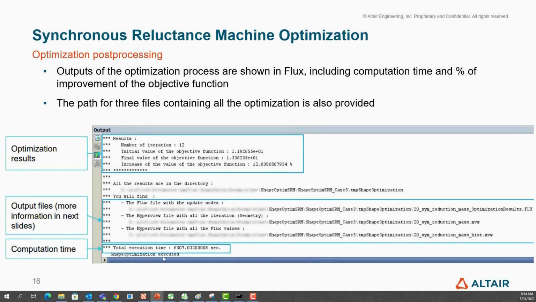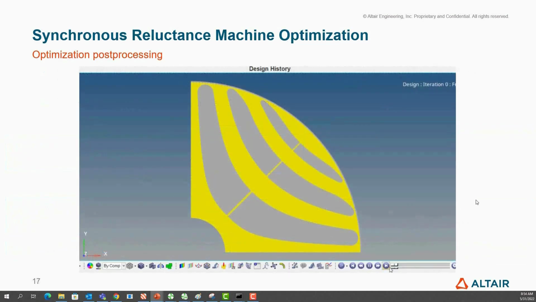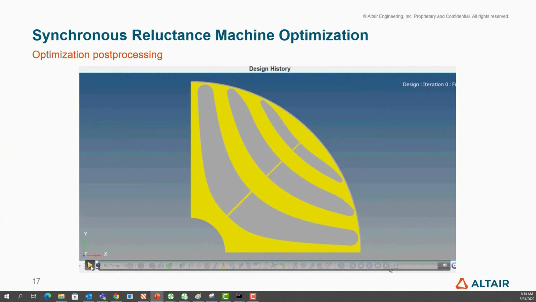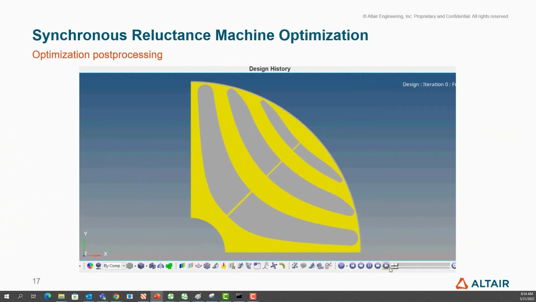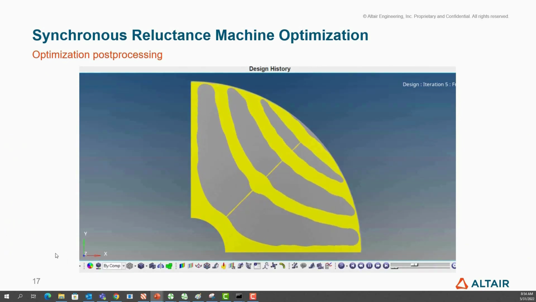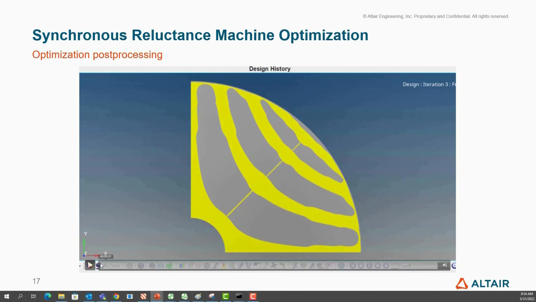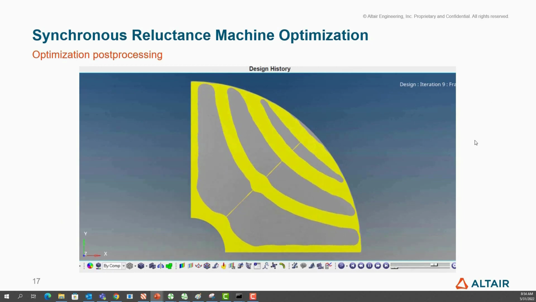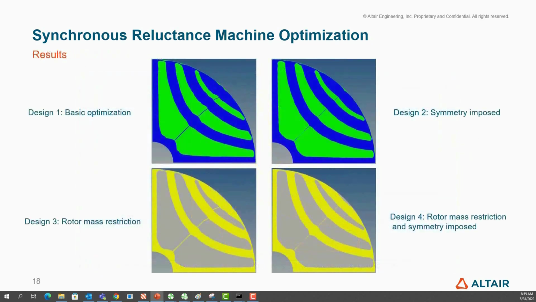And then this is how you'll be able to see the movies, wherein this is one of the movies with the volume for the shape optimization, and you'll be able to see how the shape is being changed. This kind of movie will be automatically saved in the folder that is given in your output window.